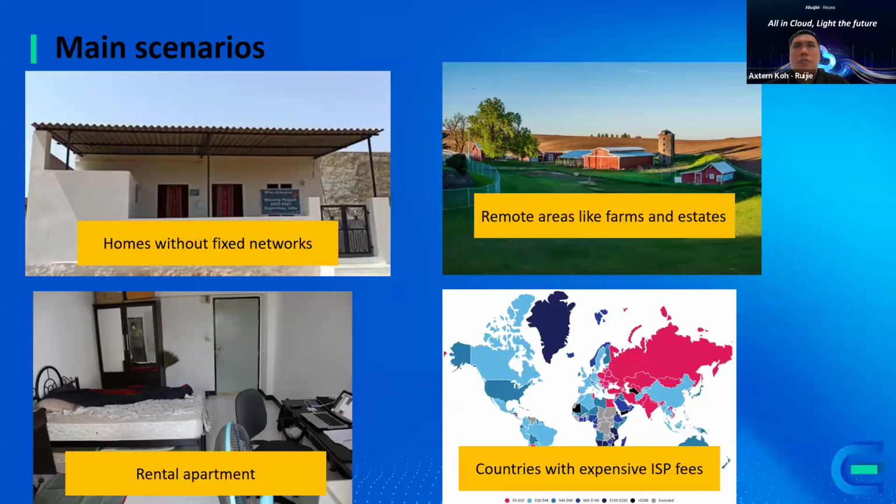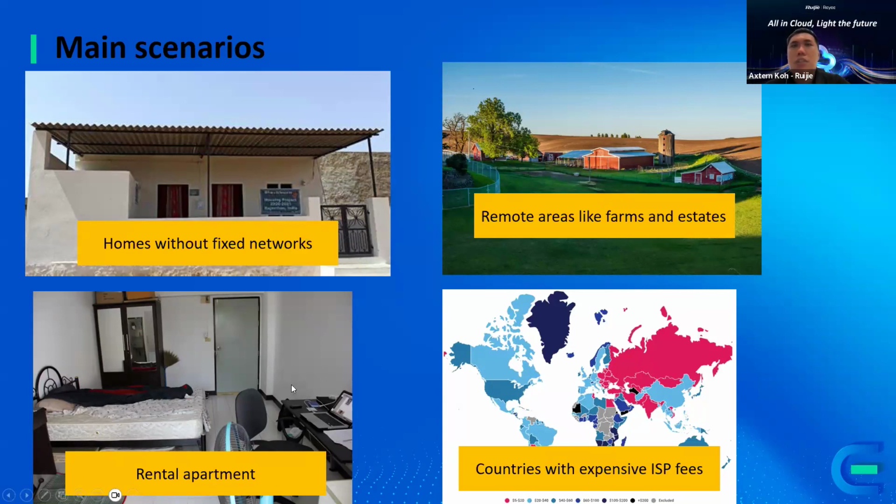So for some scenarios, like maybe a home scenario without any fixed network, a rural area, or even some students who rent an apartment, they are unable to apply for an ISP inside the house coverage area.